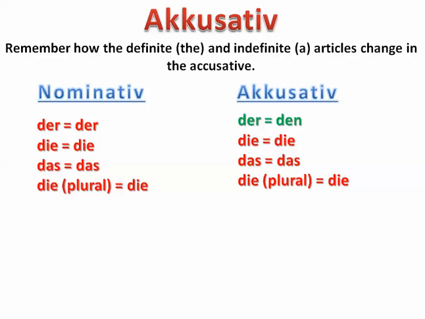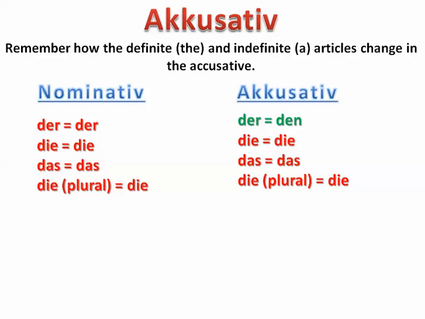So let's talk for just a moment here, a little review, if you will, over the definite and indefinite articles and how they change when they are used in the direct object case, or accusative, or come after these prepositions. So in English, we have only one way to say the, and for that we can be very thankful, because in German and most other European languages based off the Latin system, you're going to have different genders.